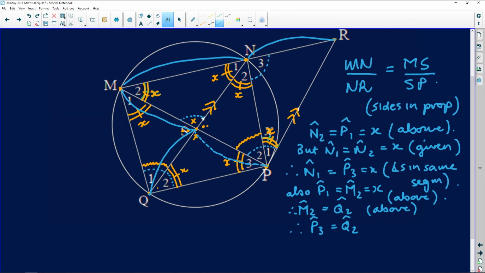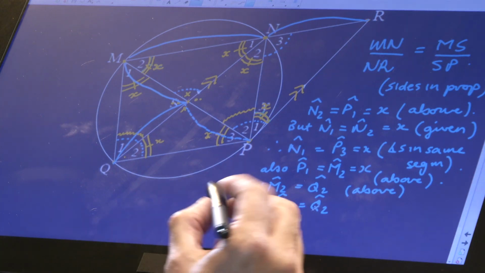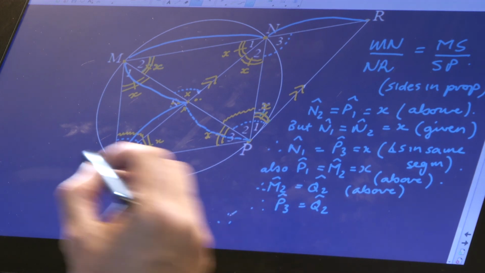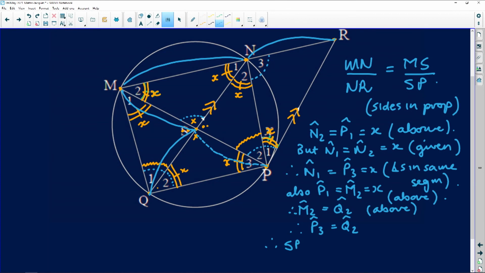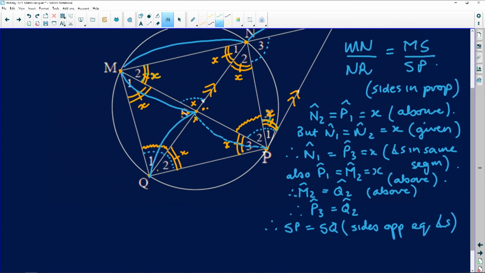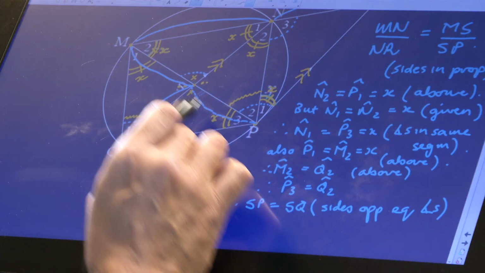We've got those two angles equal and can then say now that SP is indeed equal to SQ. Why is that the case? Those are sides that lie opposite equal angles. And because those sides lie opposite those equal angles, they are indeed equal.